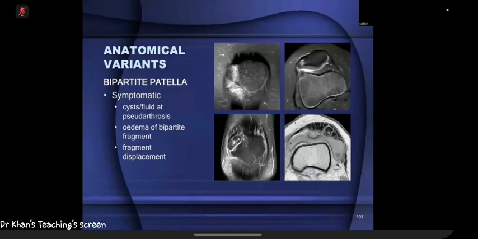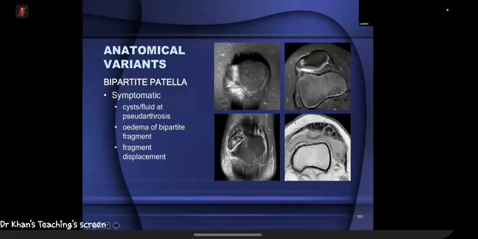When you have a symptomatic bipartite patella in patients who have had a superimposed trauma or because of the presence of crystal deposition disease, then there is an impressive degree of bone bruising present around it. The fluid cleft, which separates the bipartite fragment from the rest of the bone, has got a more fluid component present within it.